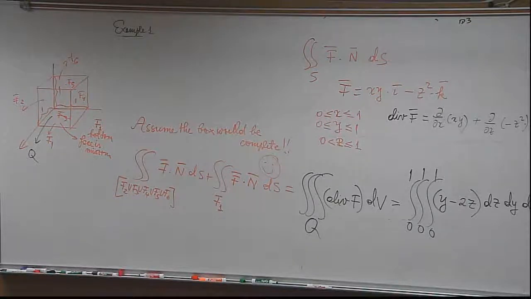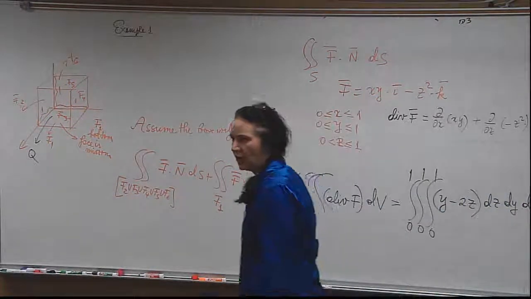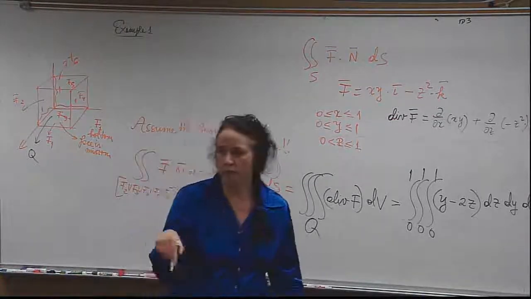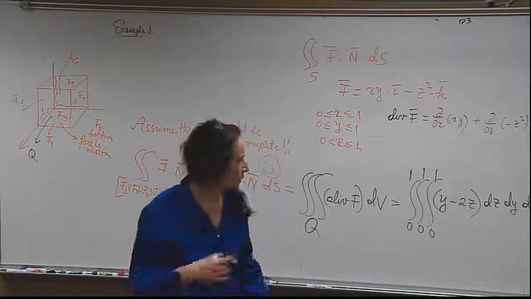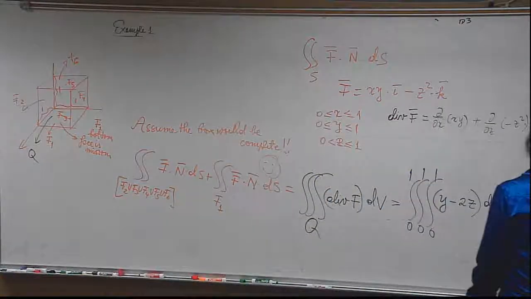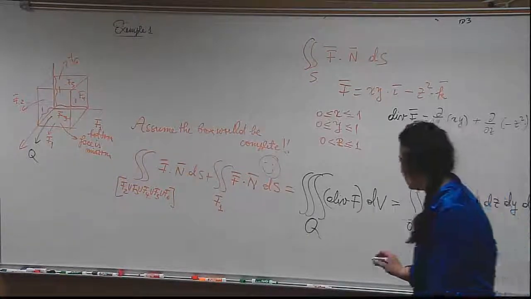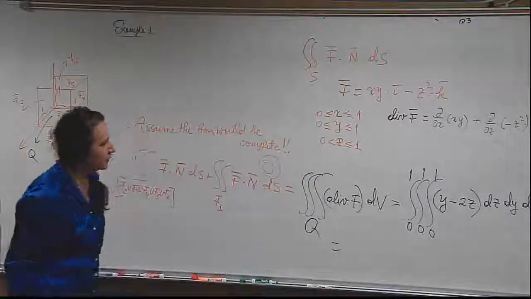X is missing, so if there is no x inside, what is the integral from 0 to 1 of 1 dx? 1. So I will rewrite it as the integral from 0 to 1, integral from 0 to 1, of y minus 2z dz dy. Is this hard? No, but it's a little bit obnoxious.